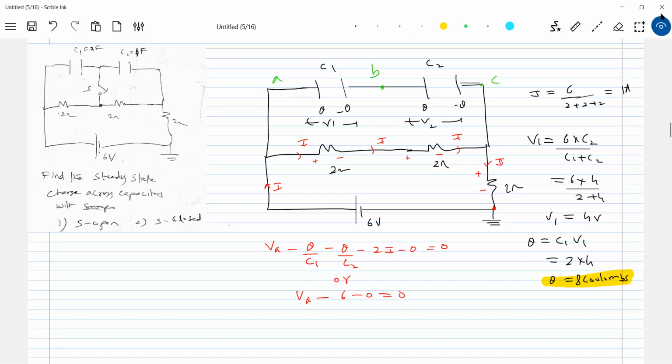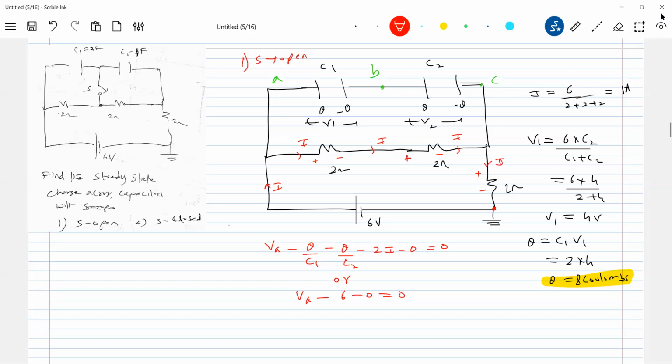To cross check whether you are right or wrong, find the potential using two different paths. The potential must be equal. If they are different, something went wrong with the calculation or the assumptions. Similarly, you can calculate the potentials VB, VC. That is the first case, when the switch is open.